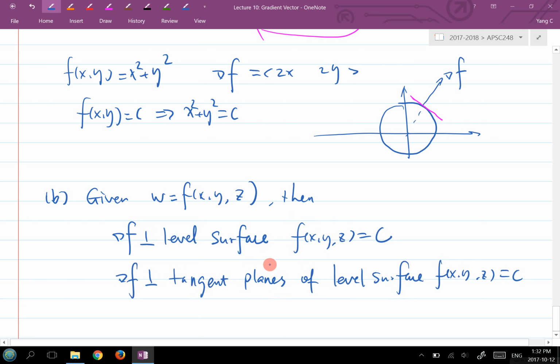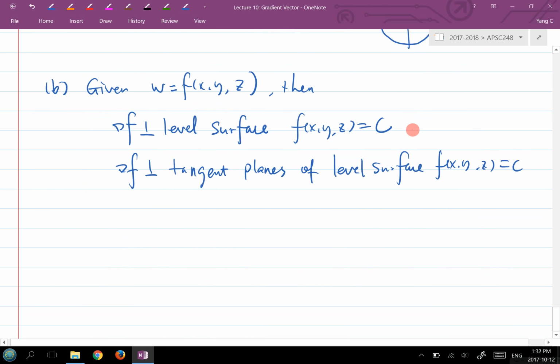So how do I prove this? Let me show you a proof here. Very simple proof, actually similar to the way we proved the earlier one.